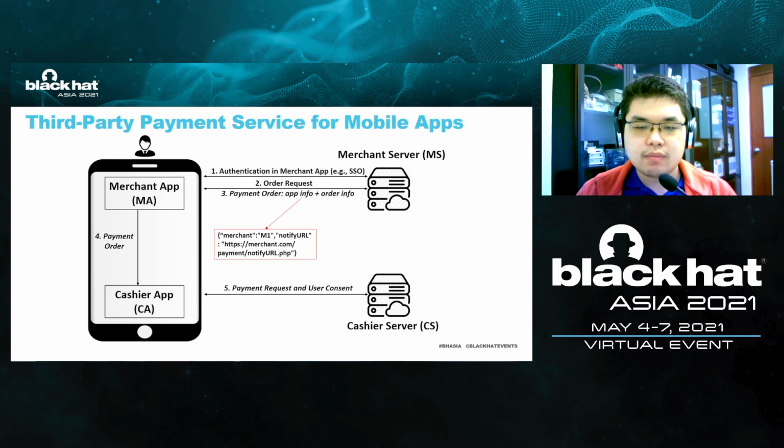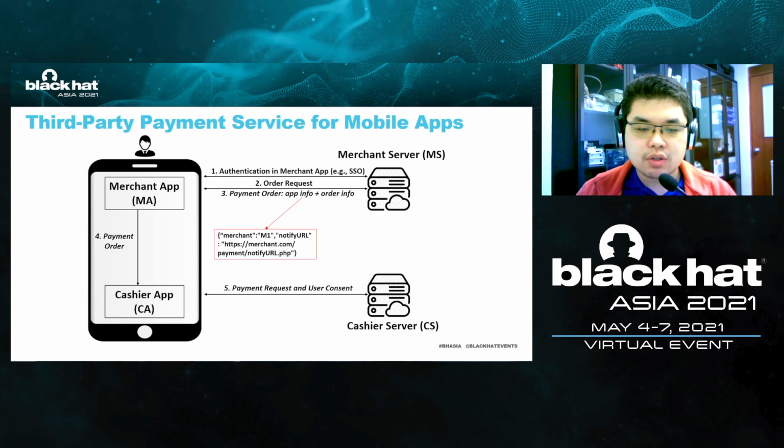So first, the user needs to log into the merchant app in step 1, which can be done through the single sign-on service that may be provided by the same service provider or cashier. After the user shops and chooses to check out with the third-party cashier, the merchant app generates an order request to its server in step 2.